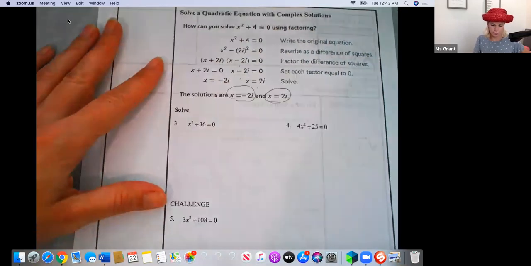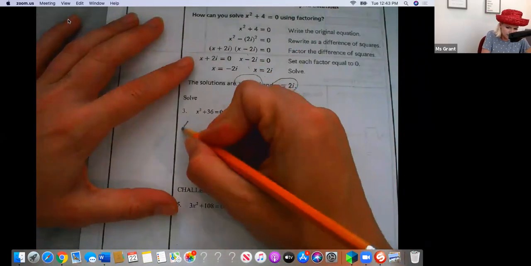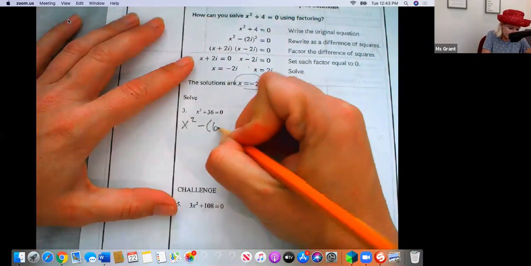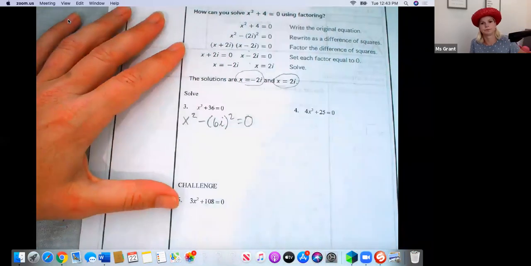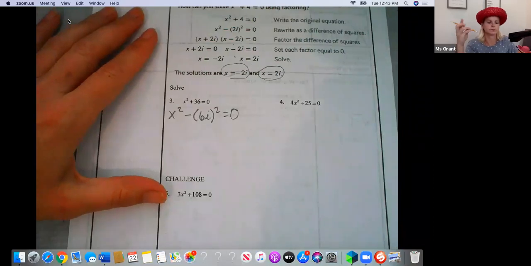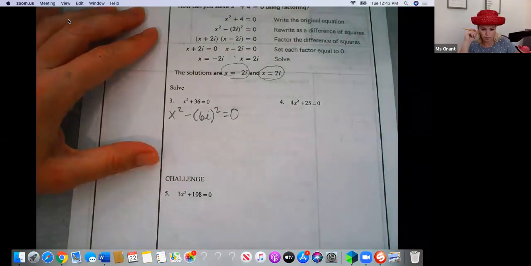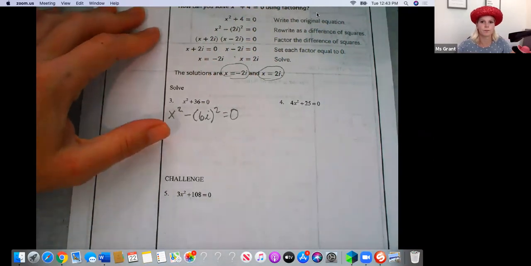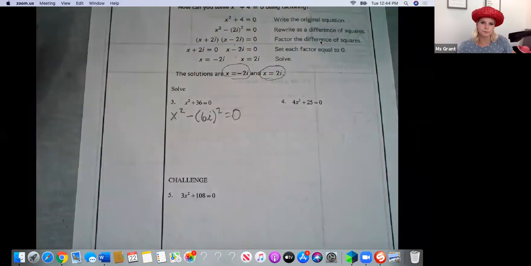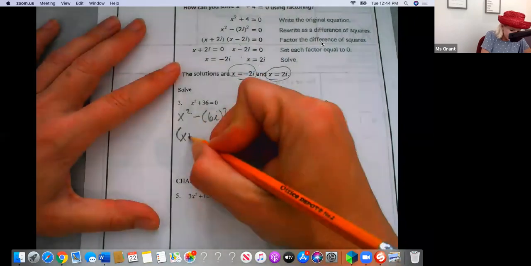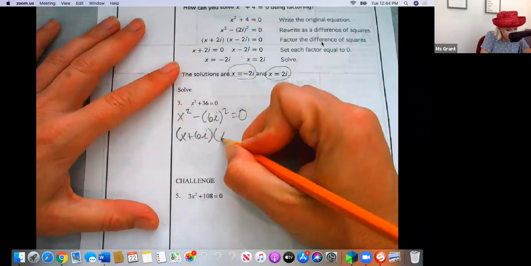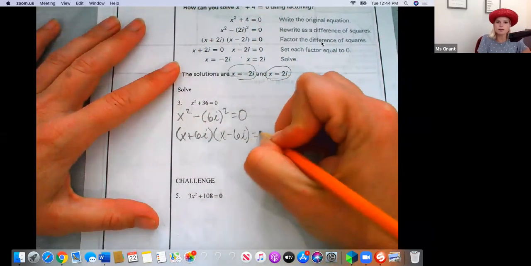Let's try number 3 and 4. x squared minus 6i squared. So x plus 6i, x minus 6i equals 0.